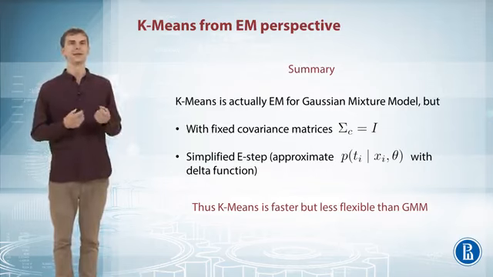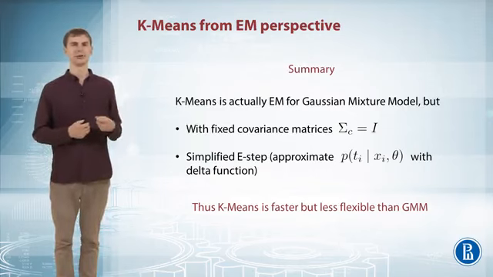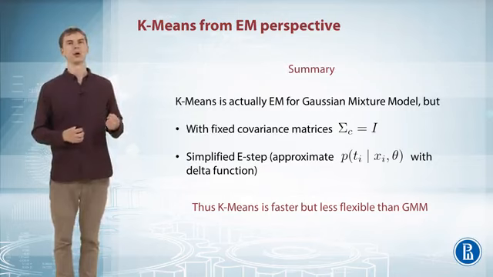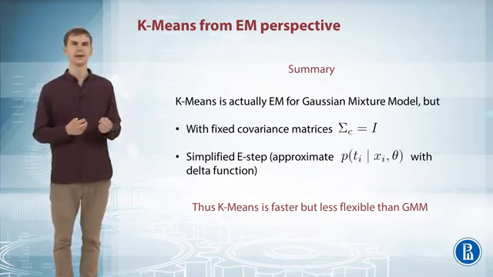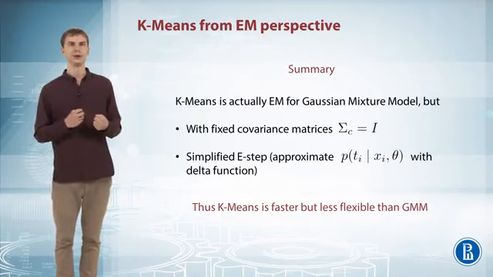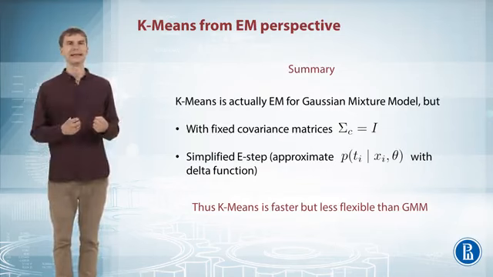But first of all, this Gaussian mixture model has to be some kind of restricted one, where we set covariance matrices to be identical and the prior probabilities pi c to be uniform. And we also have to use a simplified E-step.